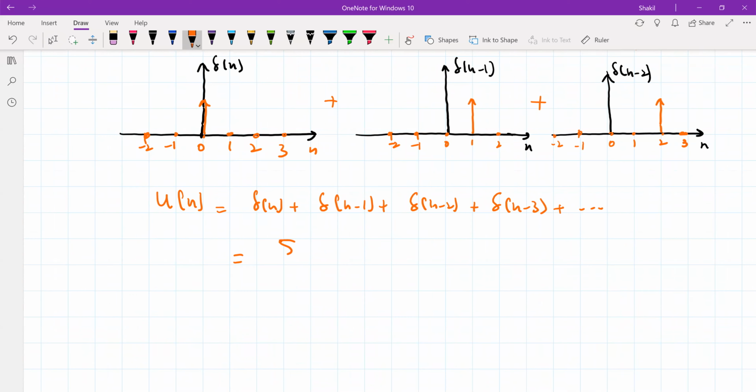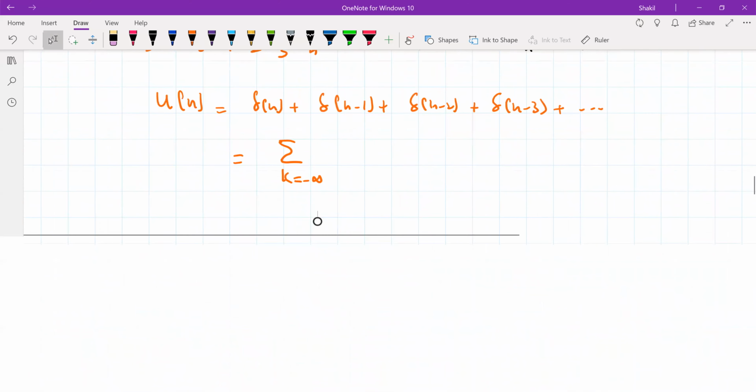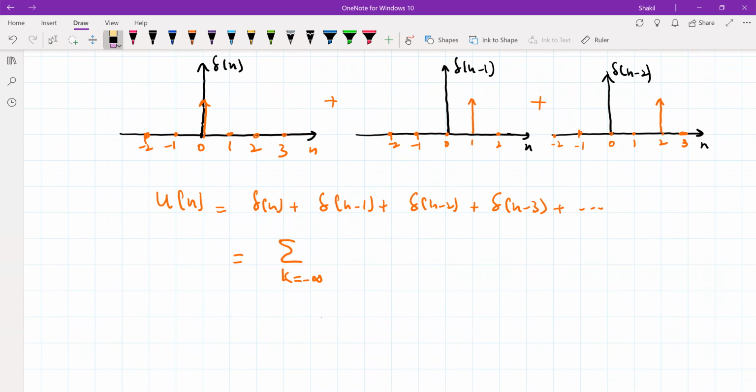In other words, you can write it as a summation, k running from 0 to infinity of delta n minus k. So this is the relationship between u of n and delta n. So this is the relation.